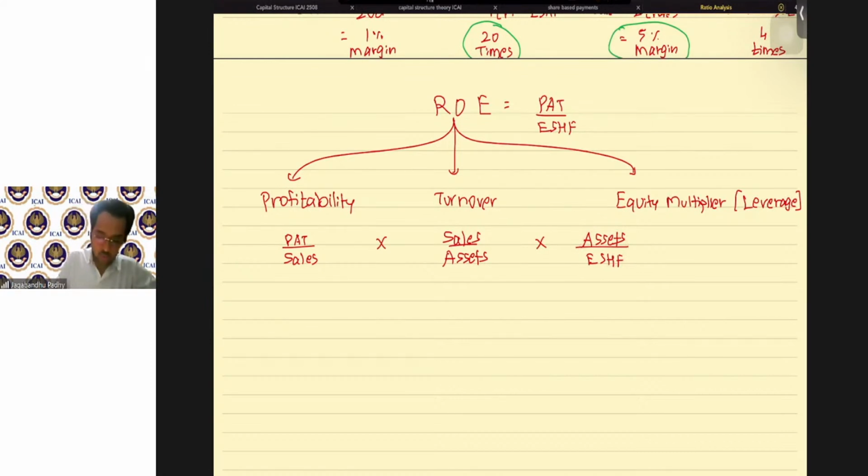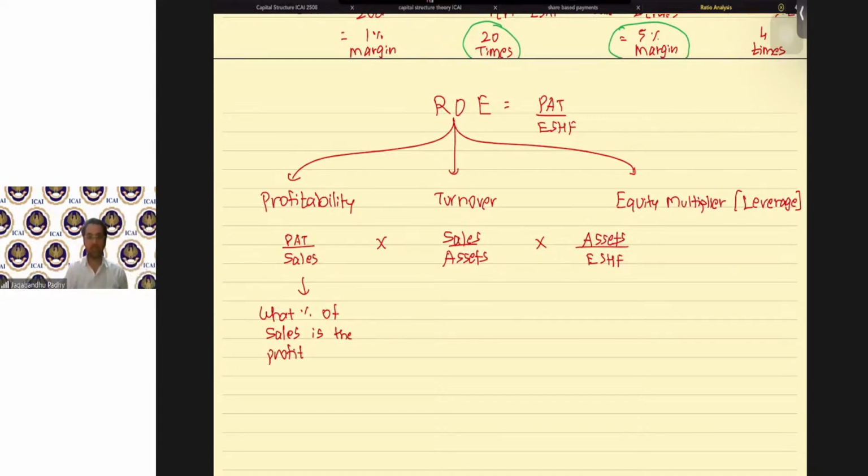So if we talk of what question these ratios answer, the first one is: what percentage of sales is the profit or the margin?